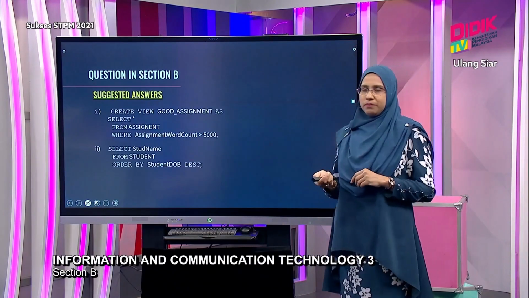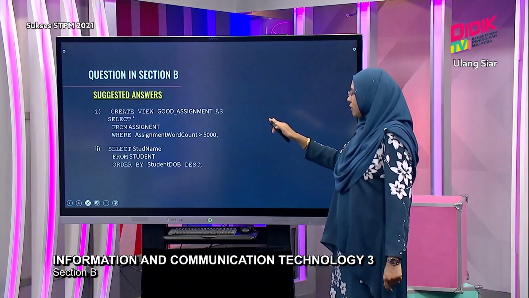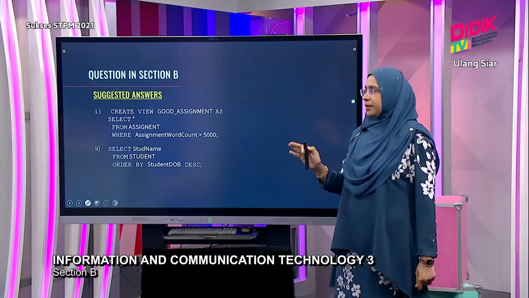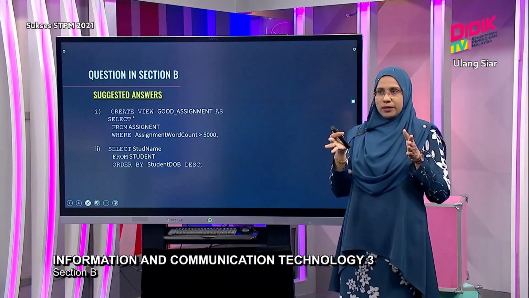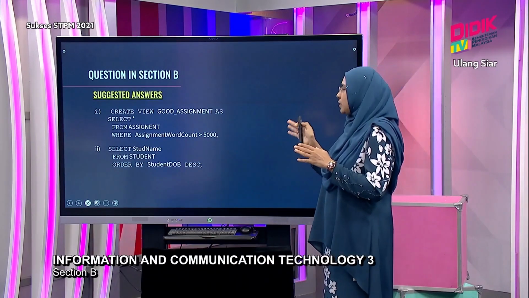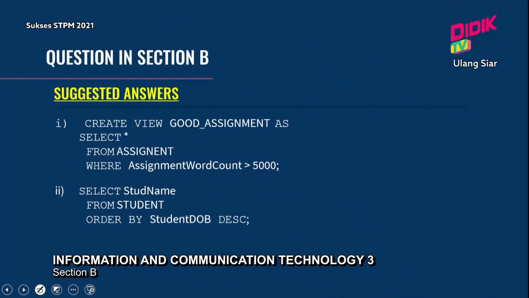So how to answer this? The first one. Here I use a different font to show that that is the command. Create view is a reserved word, followed by good assignment, which is the name given in the question, and then AS is a reserved word. Next line. It's okay if you write it here, but it is neater if you write it on the next line.